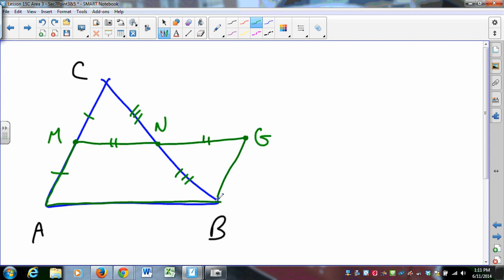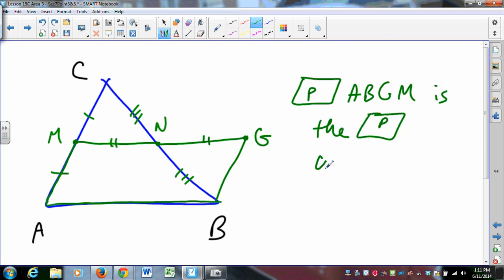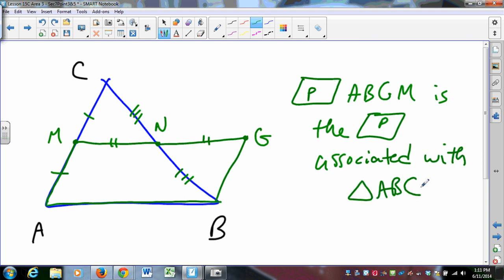Then the claim is that parallelogram ABGM is the parallelogram associated with triangle ABC. And again, the reason that all matters will become more apparent when we hit hyperbolic stuff.